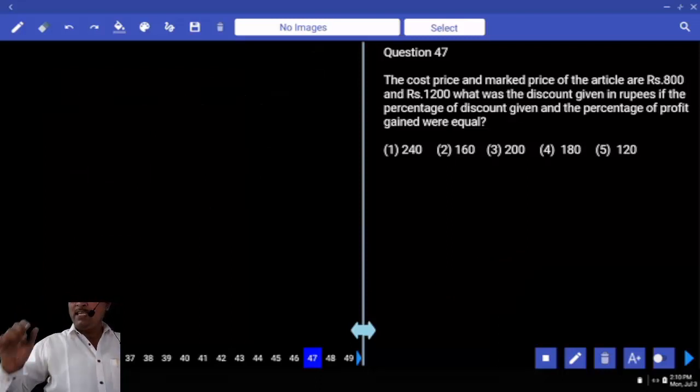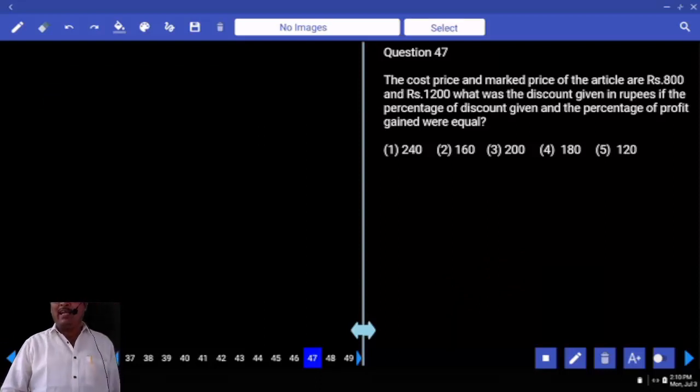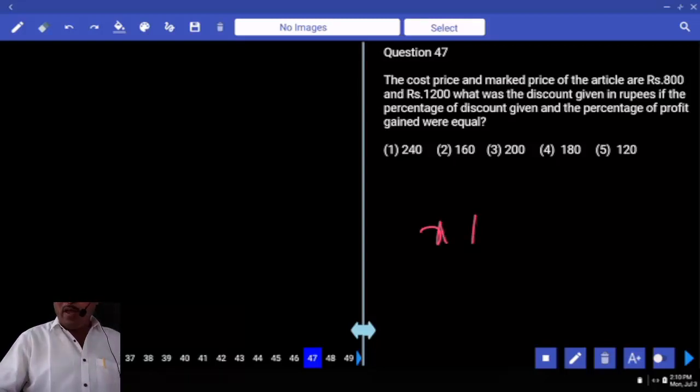The cost price and market price of an article are 800 rupees and 1200 rupees respectively. What was the discount amount given in rupees, if the percentage of discount given and the percentage of profit gained were equal? What is the main point in this problem? Percentage of discount and percentage of profit both are equal. Let X be the percentage of profit as well as percentage of discount.